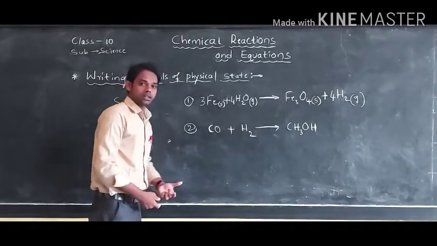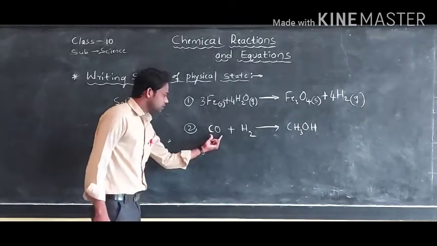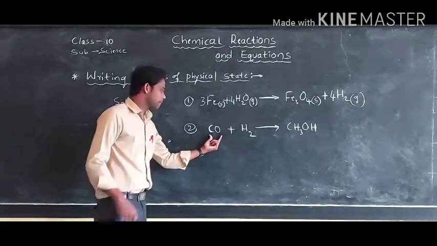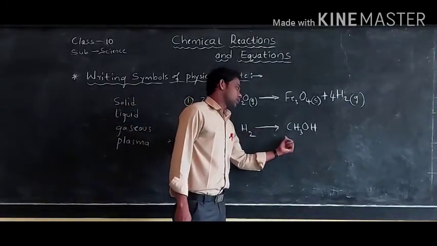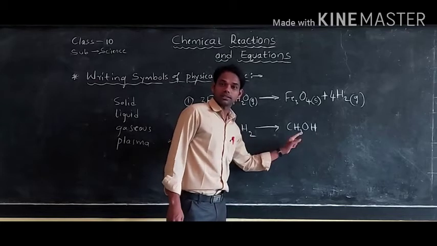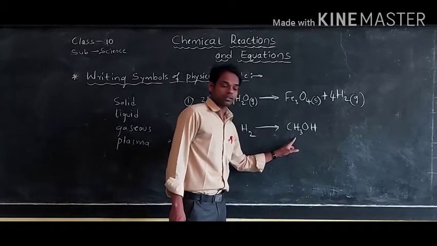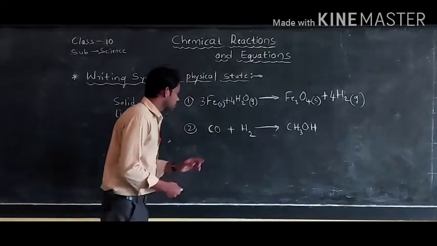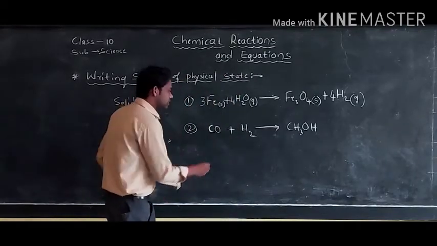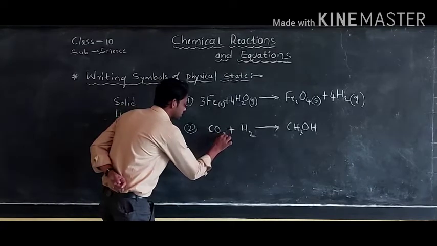One more example I will explain. See, CO means carbon monoxide. When it reacts with hydrogen, it gives methanol. Okay? You will learn about this in detail in the next chapter. Carbon monoxide is in the gaseous state.